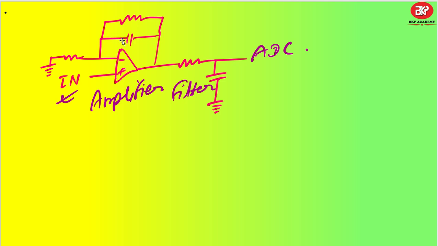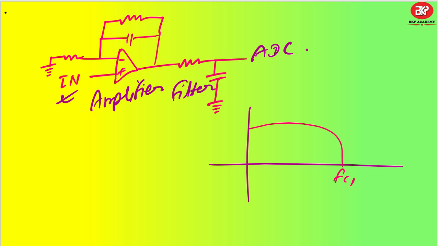One step of filtering is happening here, as well as one more step here. So there are two steps of filtering. The first step will be a little longer, so this is my FC1. The next stage is FC2. So instead of directly coming to this particular level of filtering, we can have a slightly longer range and then come to a lower range. This is how two-step filtering is preferred in some applications.